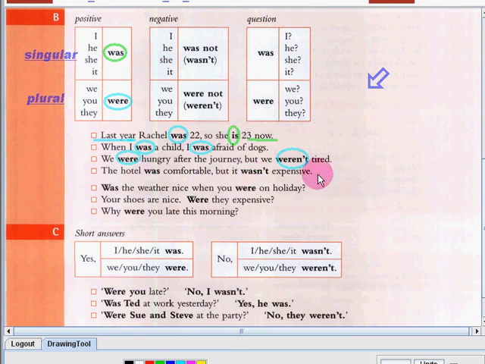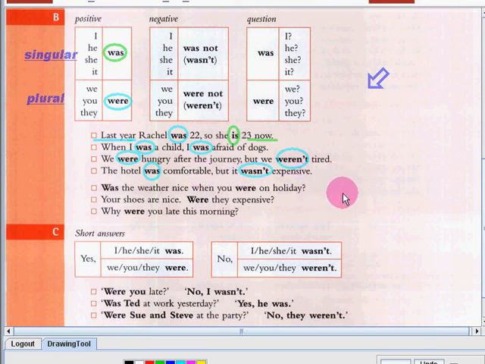Next one. The hotel was comfortable, but it wasn't expensive. Here, we know that this happened in the past because the verb used was was. So the hotel was comfortable, but it wasn't expensive.